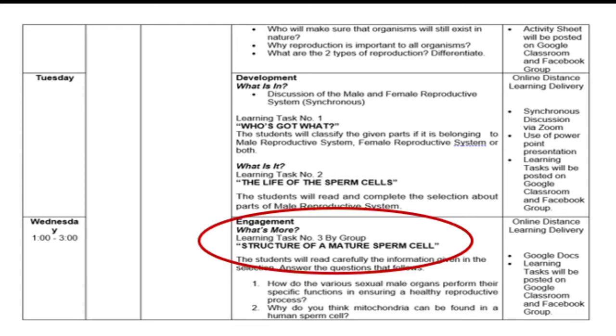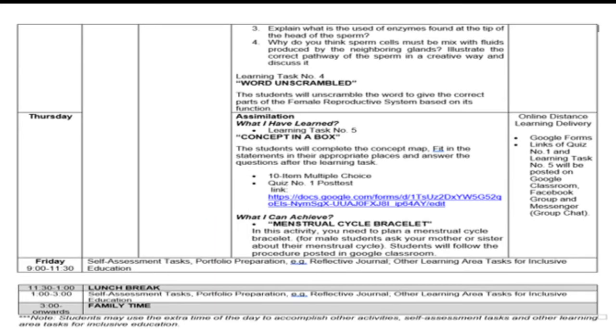So, the last one, finally, the assimilation part, where the learner shall demonstrate ideas, interpretation, mindset, or values, and create pieces of information that will form part of their knowledge in reflecting, relating, or using it effectively in any situation or context.